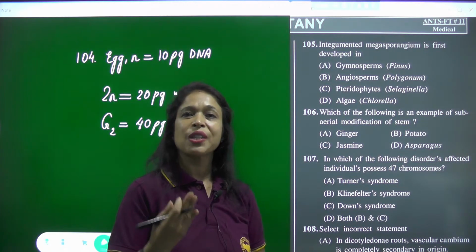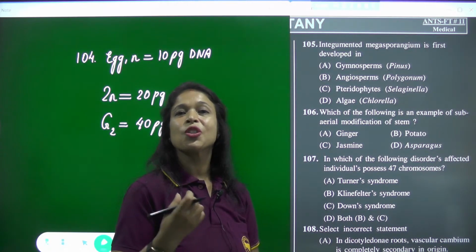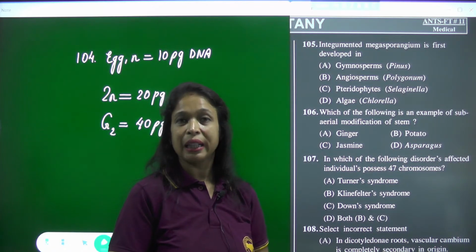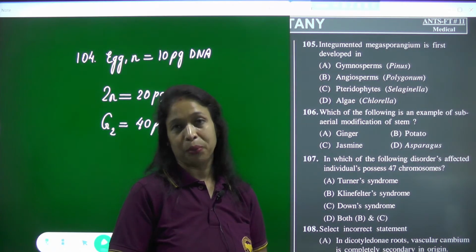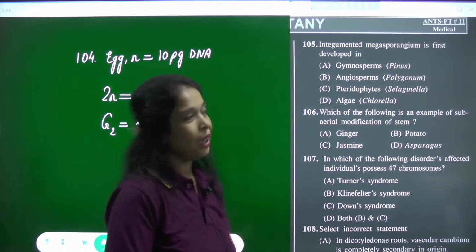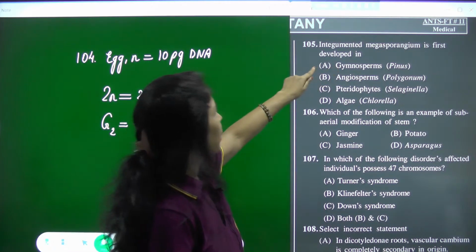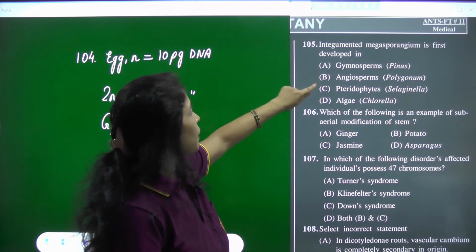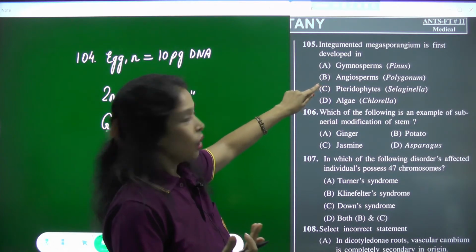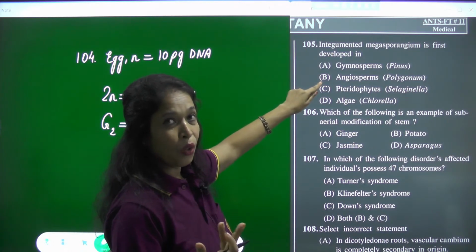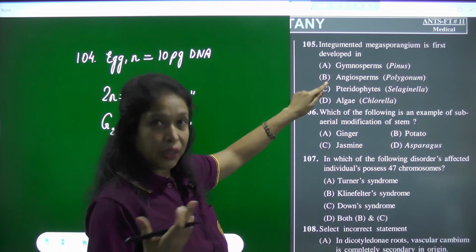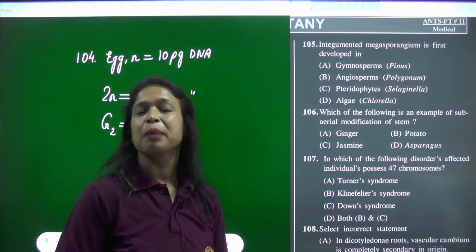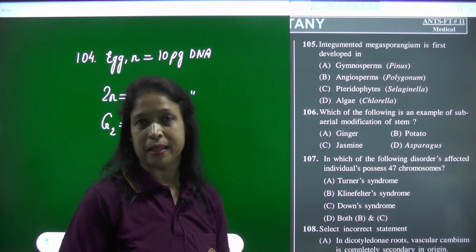And the ovule first evolved in gymnosperm. They are the first group of the plant kingdom showing the evolution of ovule. So integumented megasporangium is first developed in gymnosperm, right? In angiosperm the ovule is more and more advanced; the most common type we get is anatropous.